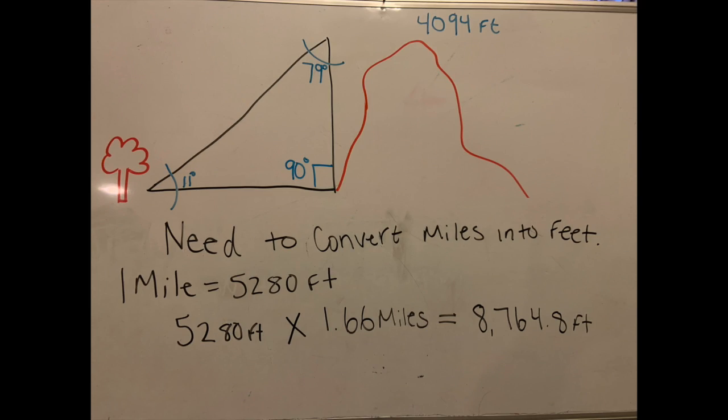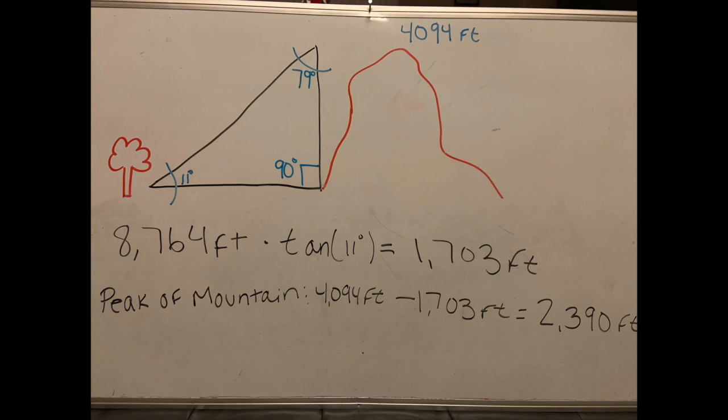We need to convert miles into feet. 1 mile equals 5,280 feet. Multiply that by the 1.66 miles from the tree to the mountain to get 8,764 feet. Multiply that number by tangent of 11, the angle of the tree, to find 1,703 feet.